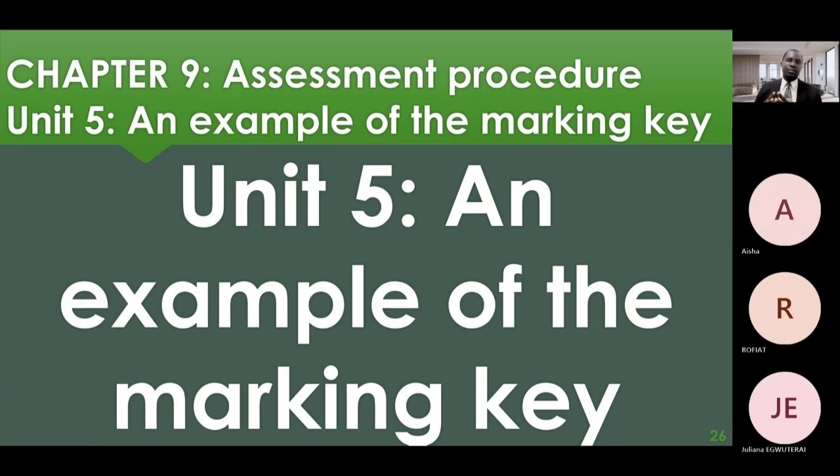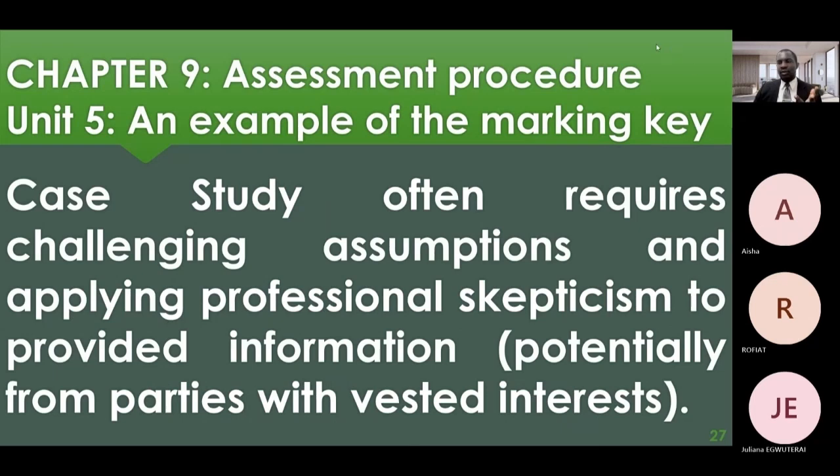So let's look at an example of the marking key, Unit 5. In the CS exams, it requires us to challenge assumptions. We need to challenge assumptions and apply professional skepticism in providing information that has been given to us.